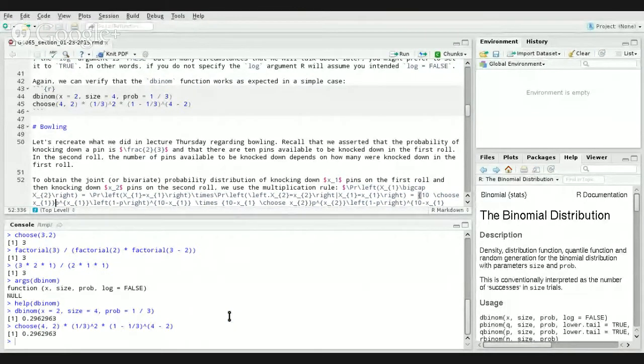On the second roll, the number of pins available to be knocked down depends on the realization of what happened in the first roll.